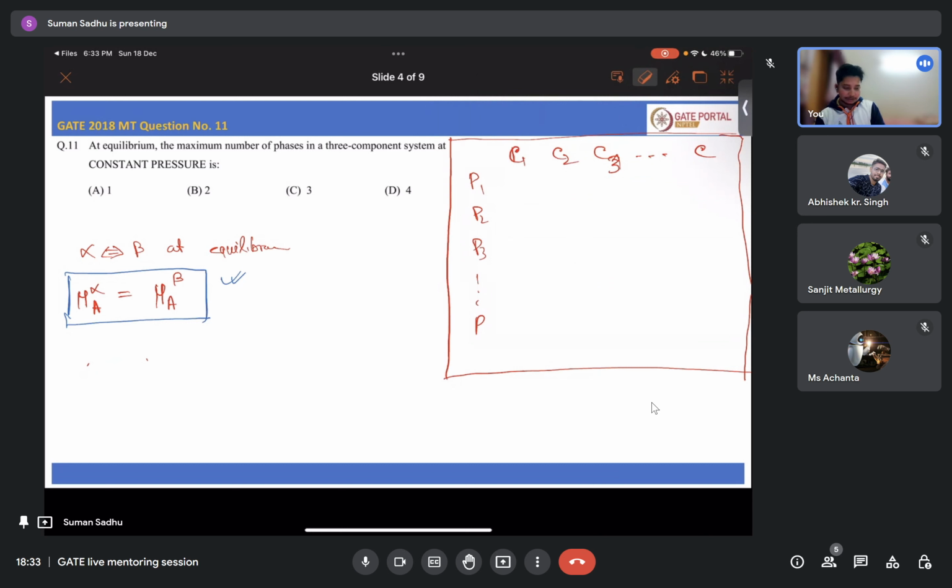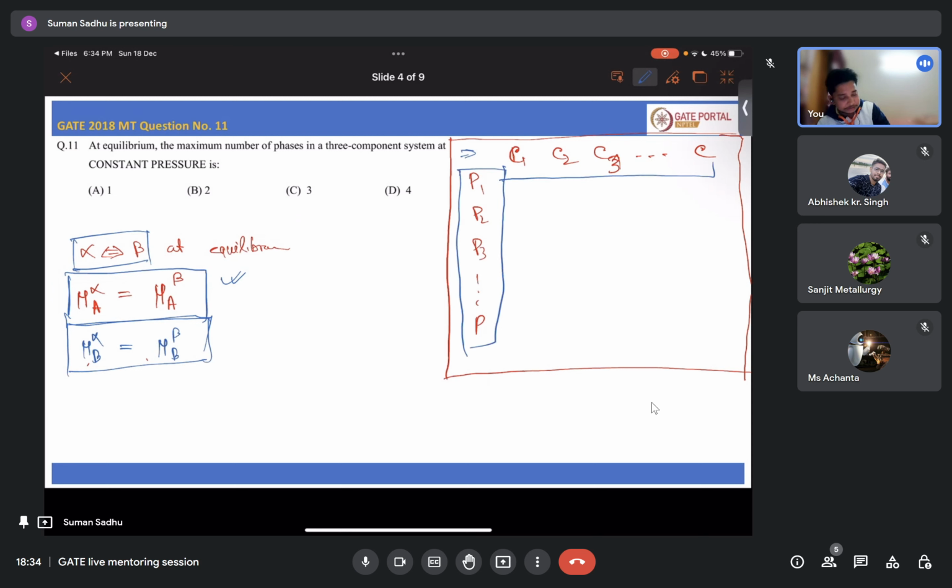So similarly for component B also you can write mu of component B in alpha phase is equal to mu of component B in beta phase, right? So this is for a two-component system with two phases only. Now in general we are considering C number of components and P number of phases.